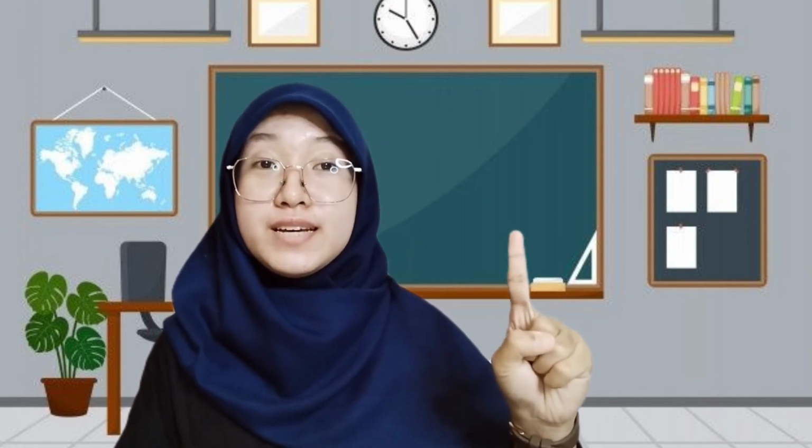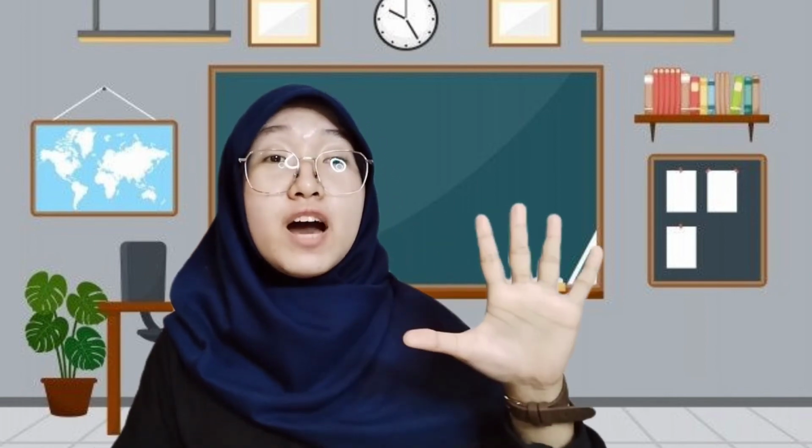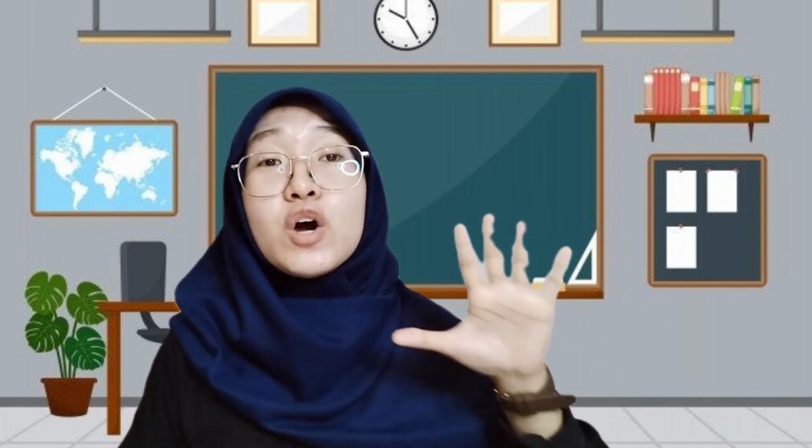The first question is, do you all still remember what the 5 figurative languages contained in the poem are? I will give all of you 10 seconds to answer that question.